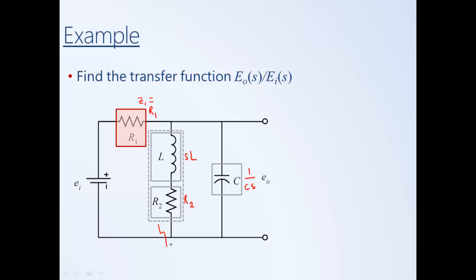And so if we recall how to combine resistors in series, the resistances sum. Using that same idea, the impedance is the sum. So the impedance of this branch with these two components in series is sL plus R2.